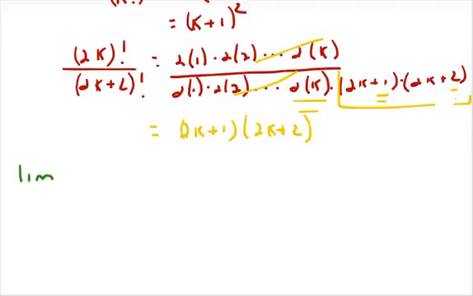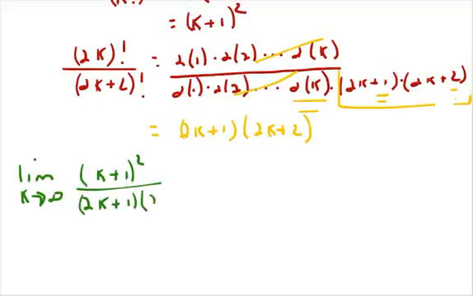Let me grab green. Putting it all back together, this becomes the limit as k goes to infinity. The numerator was (k plus 1) squared. The denominator was (2k plus 1) times (2k plus 2). So what I have to do here is FOIL this out.